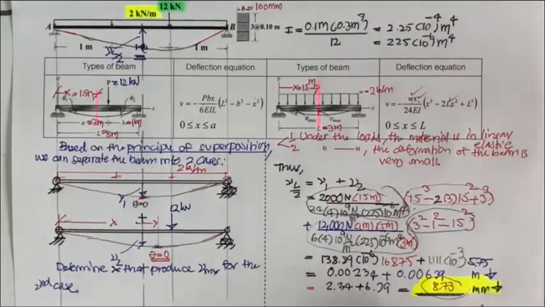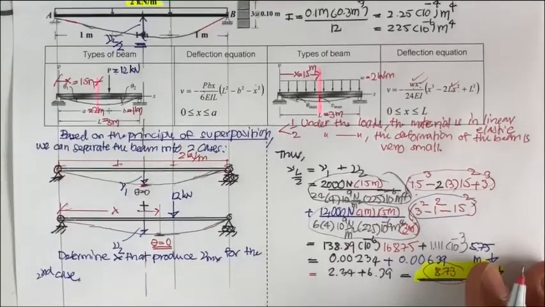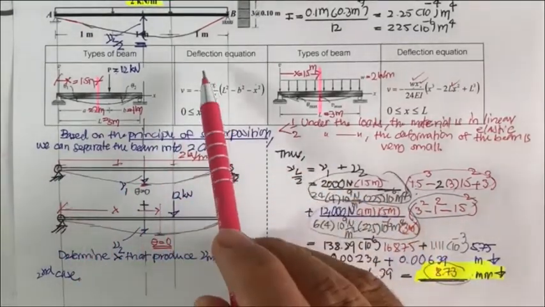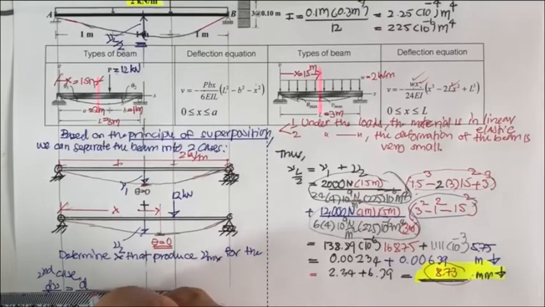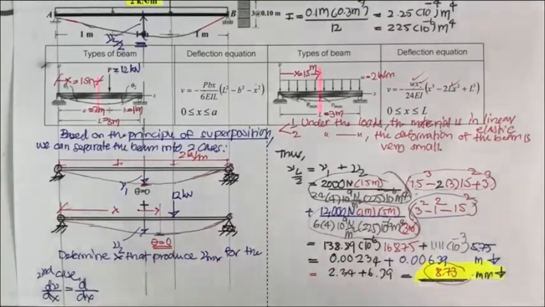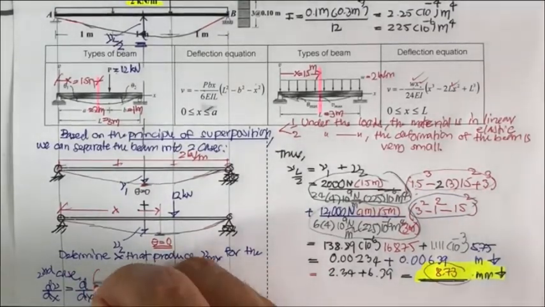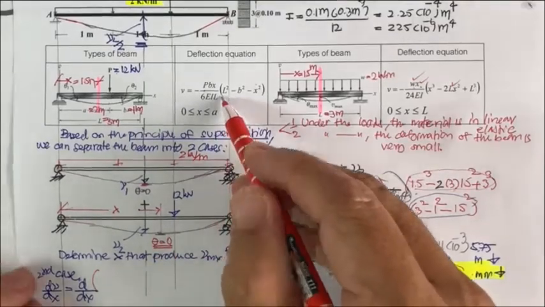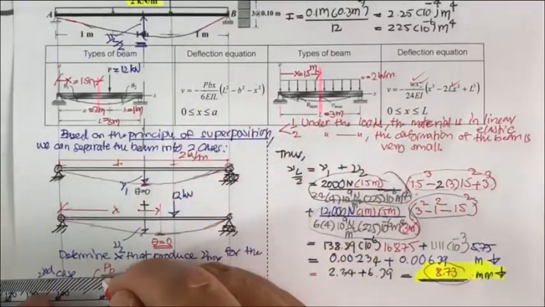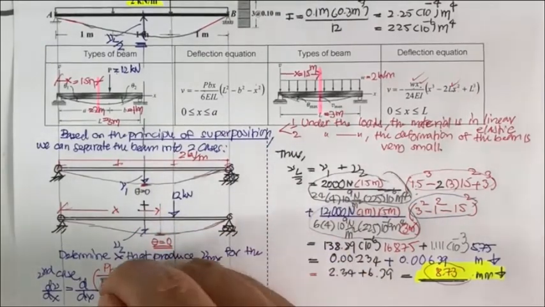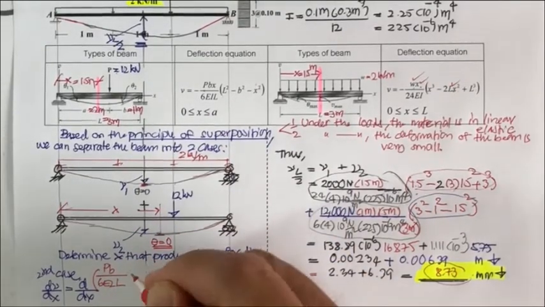So the theta is 0. That means we are going to differentiate this equation. So we get dv by dx, and then we differentiate the equation here. So it's going to be Pb divided by 6EIL.